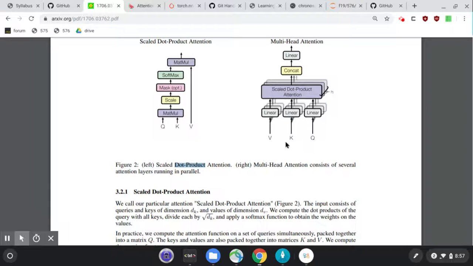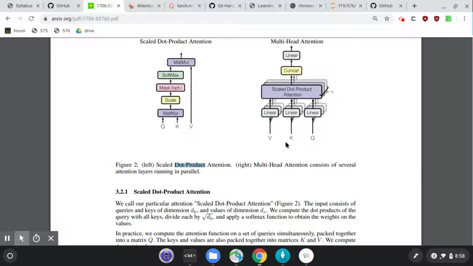But which of the values are the inputs? Think of it that way. Keys multiplied with queries are telling you which of these values are actually relevant now. So the query is asking.